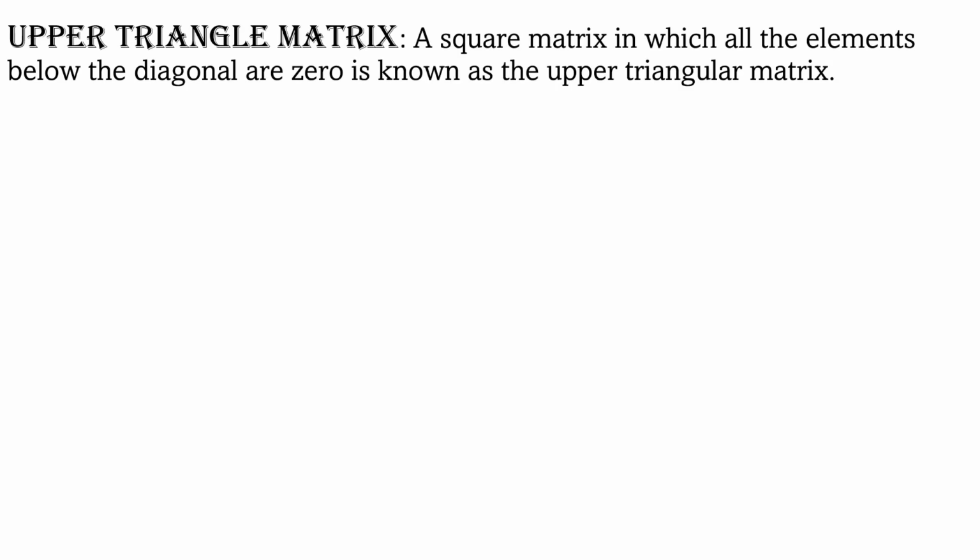Upper triangular matrix. A square matrix in which all the elements below the diagonal are 0 is known as the upper triangular matrix. Let's see an example for more understanding. First of all, you read the definition again. An upper triangular matrix is a square matrix in which all the elements below the diagonal are 0.